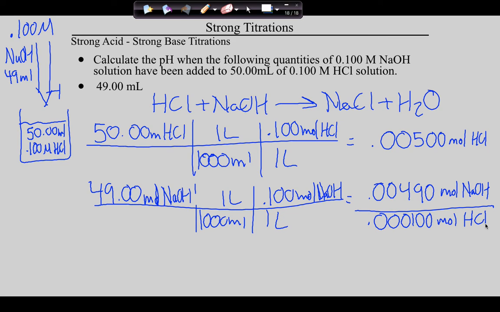And pH is the negative log of hydrogen ion concentration. So why can we not just plug that number in and take the negative log of it? It's not a molarity, it's a number of moles. So Mark, this was to your original question a long time ago. How do we convert this into a molarity? Divide by the volume. But what is the volume? 99 milliliters, which is 0.099 liters.